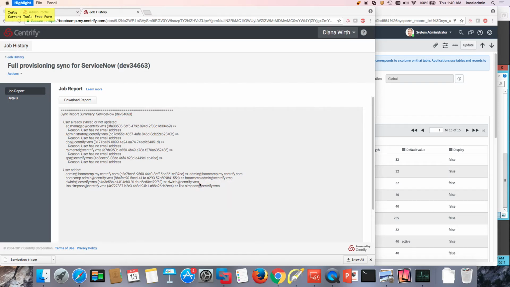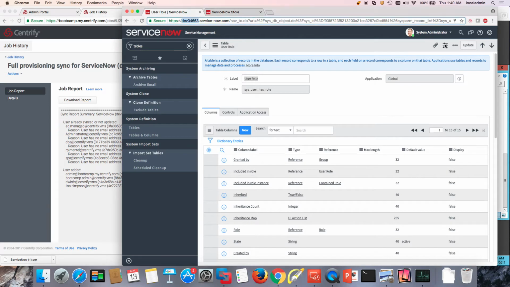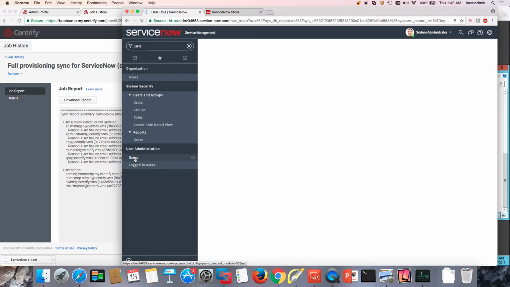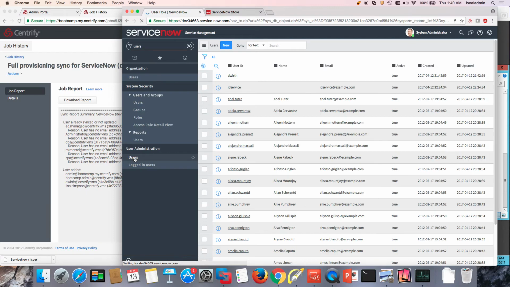So let's go ahead and take a look. Let's take a look at, for example, Diana. So let's go to users, and we're going to go to user administration. So Diana before was created by hand. No roles were added to her if you were looking at this before. So we're going to find DWorth is one of them.